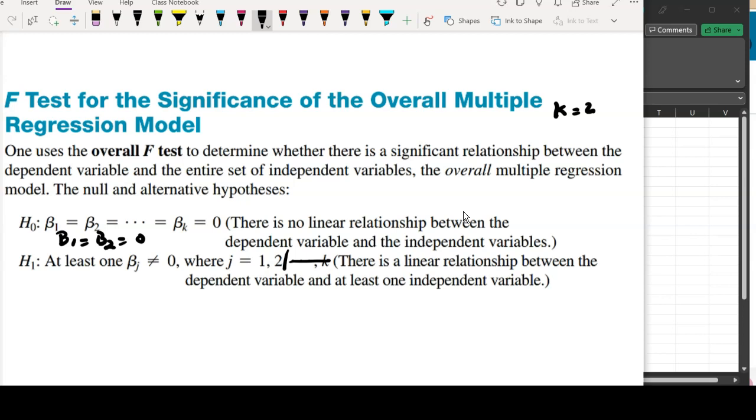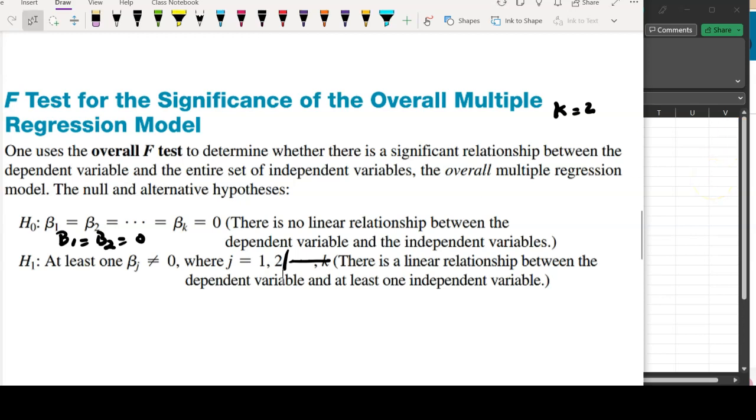All the slopes are 0, and the line is horizontal, so there is no linear relationship. H1 means at least one of the slopes is not horizontal, that is, different than 0, and therefore there is a linear relationship. So H1 is the one that works in our favor.